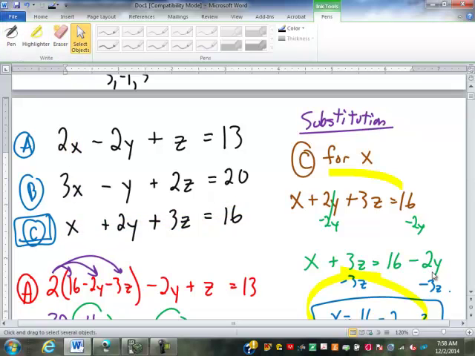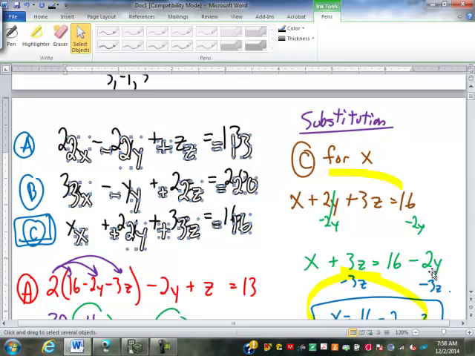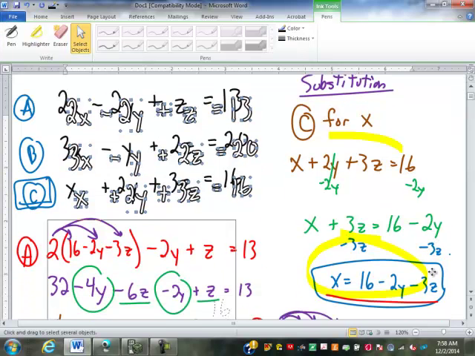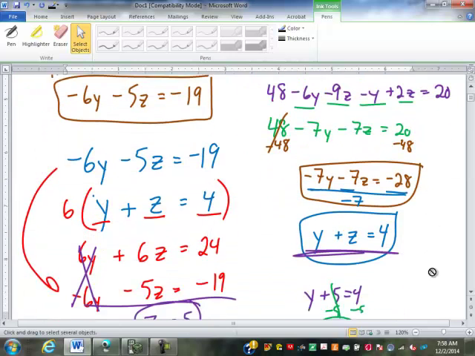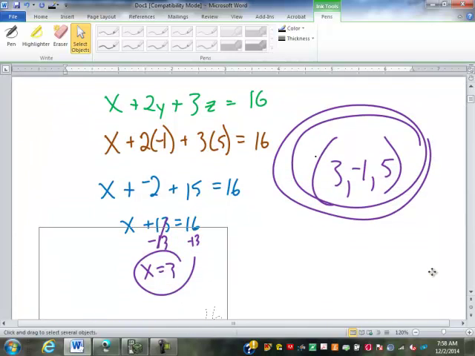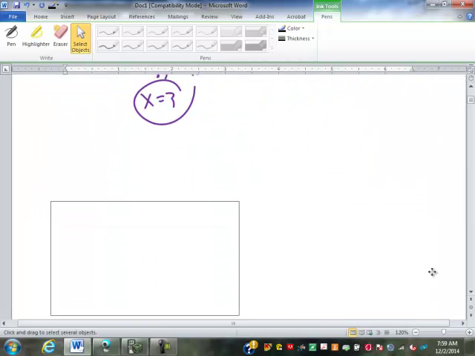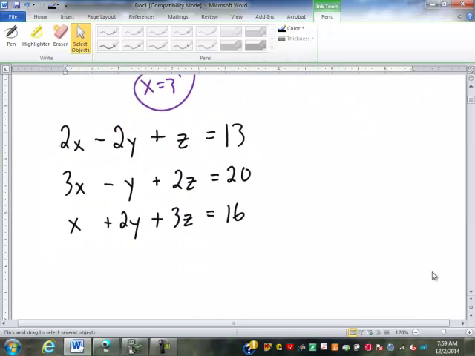Now I'm going to show you a little bit different method. When it comes to these three variable systems of equations, there is no denying it is a lot of work. No way to get around it. It's going to take some room on your paper, period.